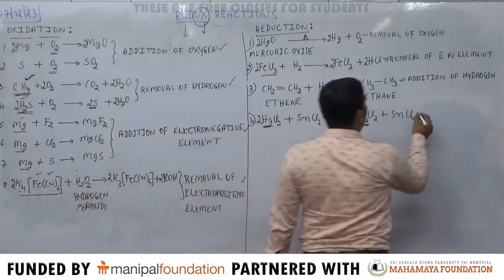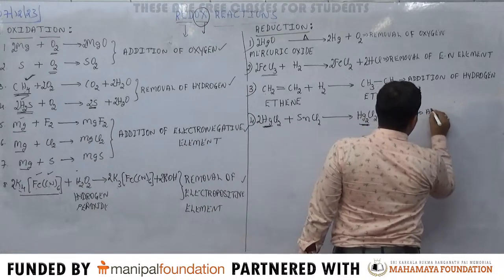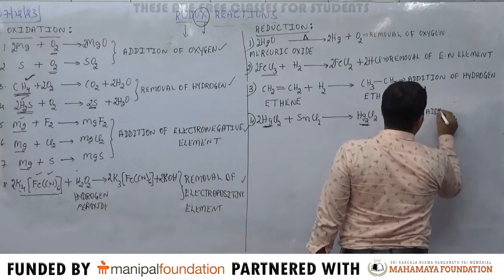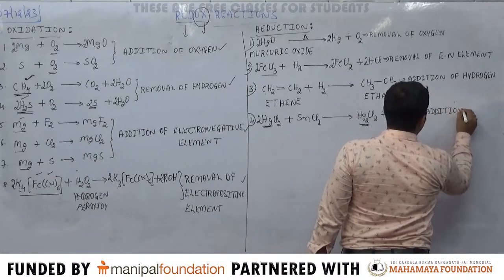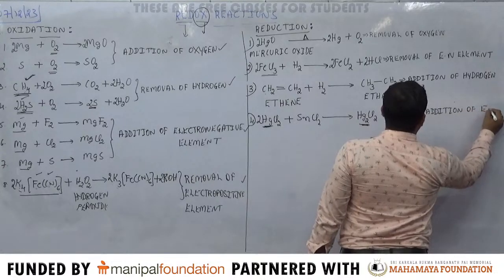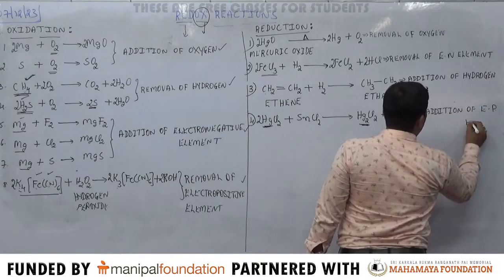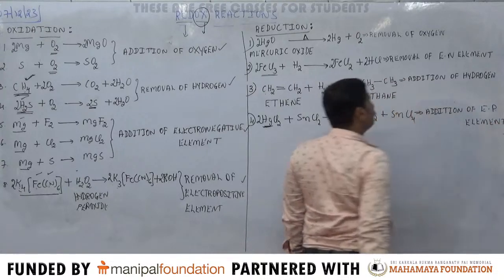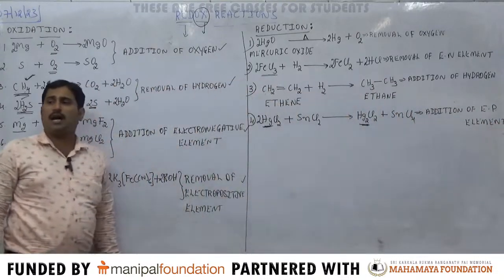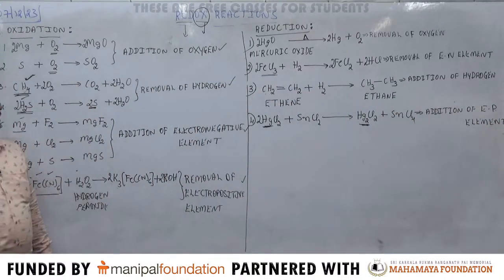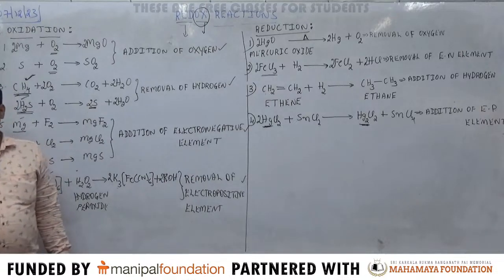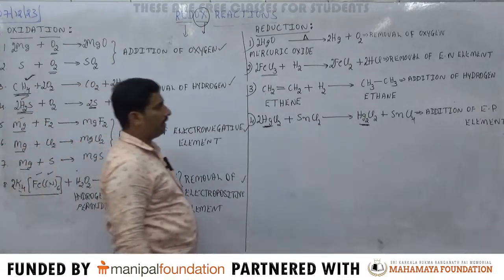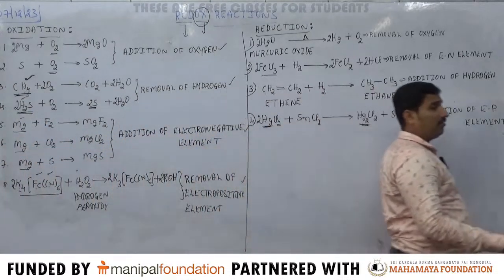So, addition of electropositive element, and all these are the examples for the reduction reaction. If I say all these are the examples for the reduction reaction, how can we define reduction?